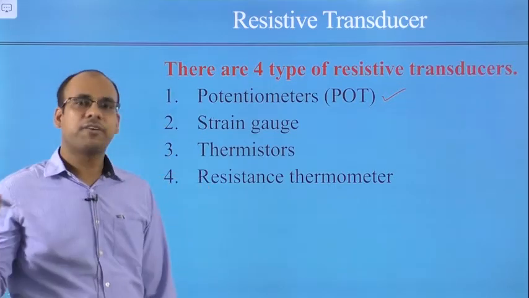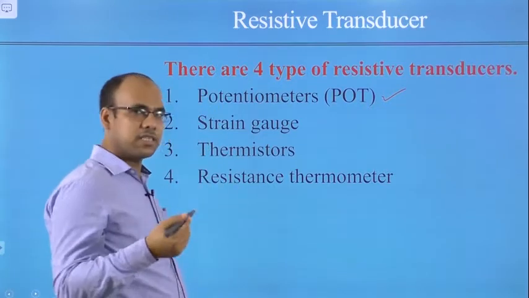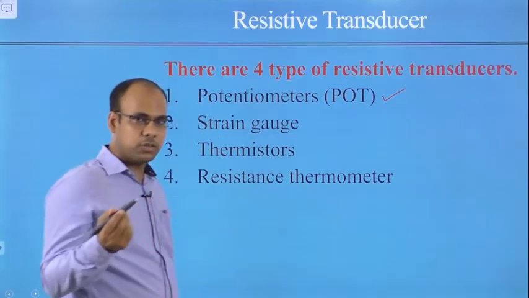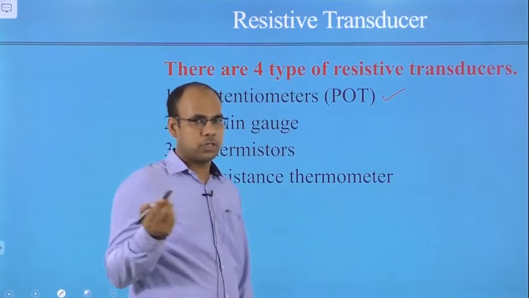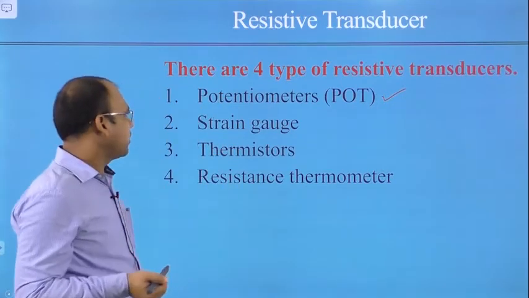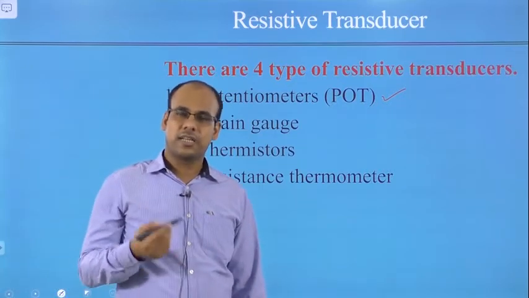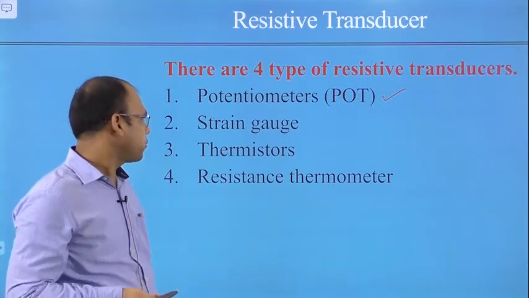We can use this for voltage division and measuring resistance. It has basically two types, the linear potentiometer and the helical potentiometer. Another type is the strain gauge, used for the measurement of strain or pressure force.